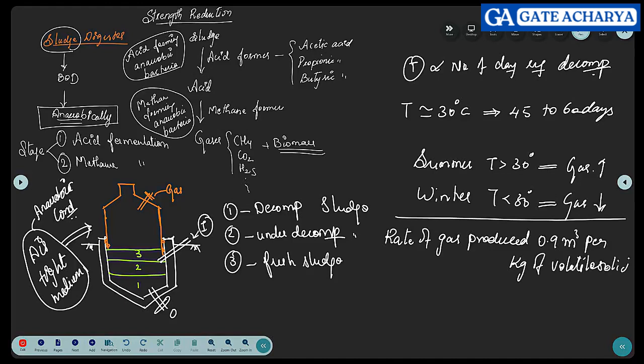Out of this, 70% is methane, which gives energy. 20% is carbon dioxide, and other gases are in trace amounts. Okay, take down.